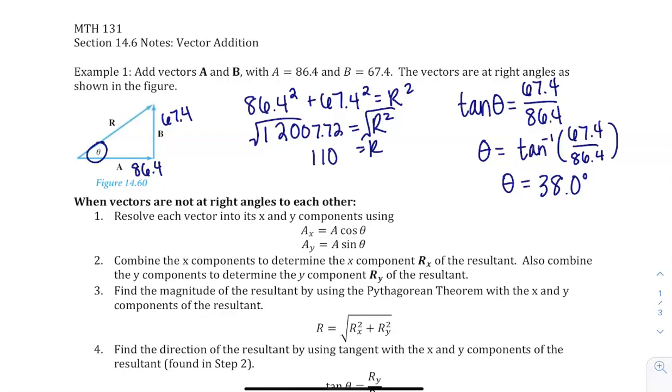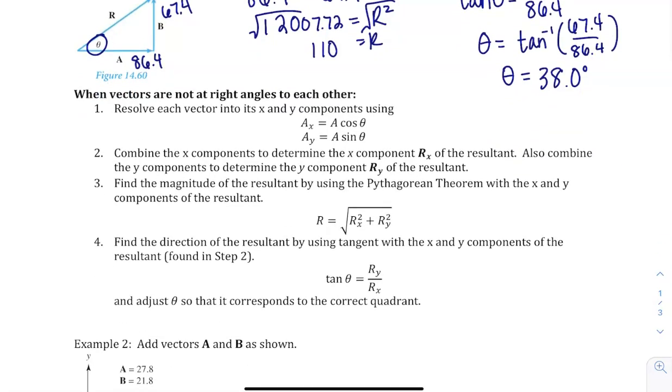Because remember, in the last section, we actually figured out how to find the x and y components. And those x and y components are always perpendicular to each other. And so if we first resolve our vectors into the x and the y components, and then we combine the x's for each of the vectors, combine the y's for each of the vectors, then we'll be able to get our overall magnitude of this resultant vector by using the Pythagorean theorem.